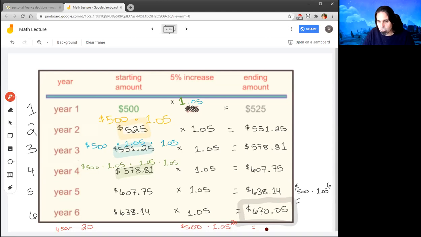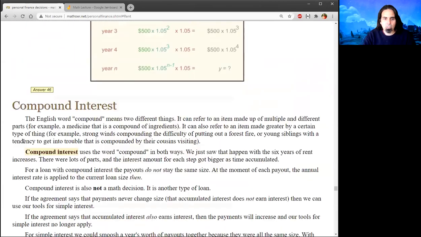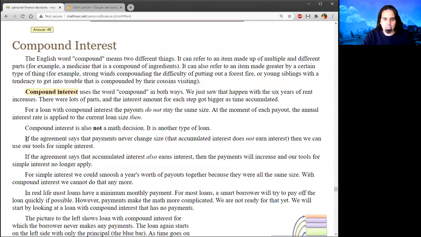We wouldn't have to finish this table for 20 different rows, which is great because who would want to do that? Whatever number we want, we could plug into the exponent and find what the rent would be after that many years. So we have just discovered the compound interest formula.